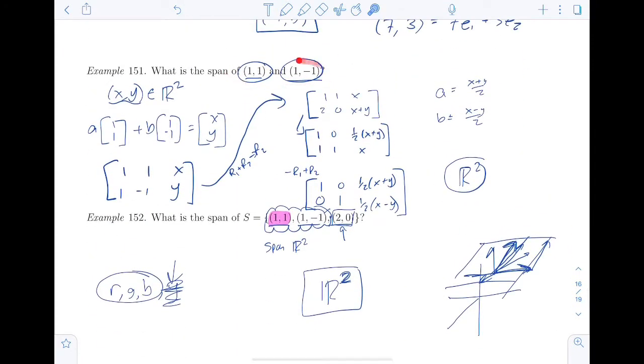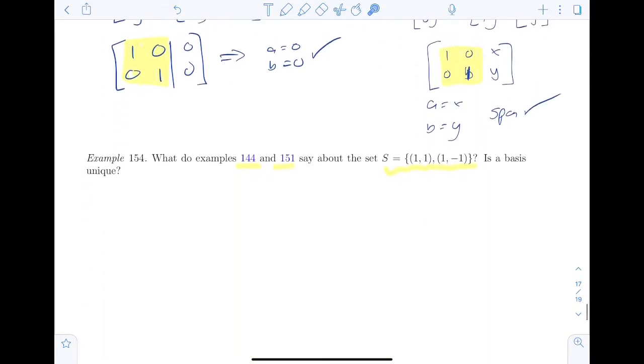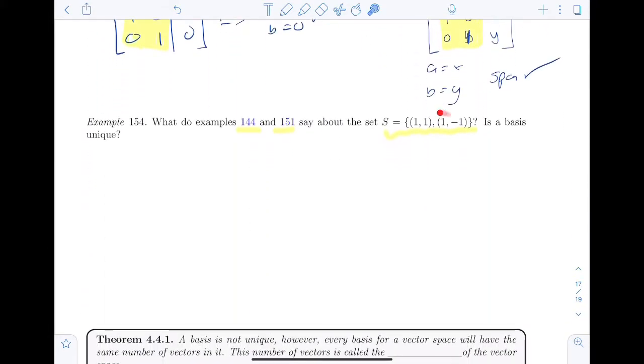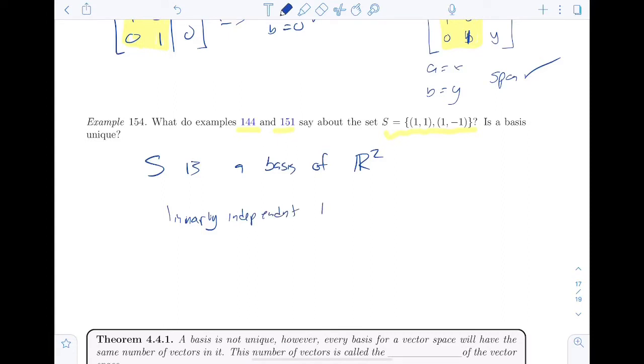What is the span of these two things? And the answer was R2. So what does that mean about this thing? It means that S is a basis of R2. Why? Because they're linearly independent and they span.